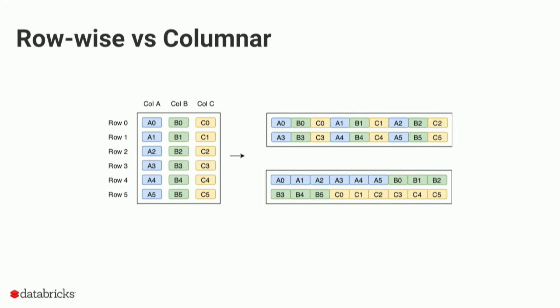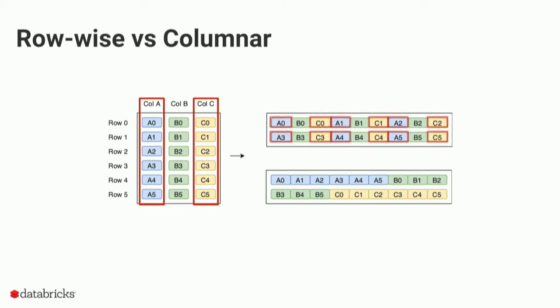So let's compare the two models in the context of an OLAP query. Let's say you have a query that's interested in column A and column C, just those, and you would like to access it with the row-wise model. What you would end up with is this memory access pattern, which kind of sucks, right? It's very fragmented, and computers don't really like fragmented memory access patterns.